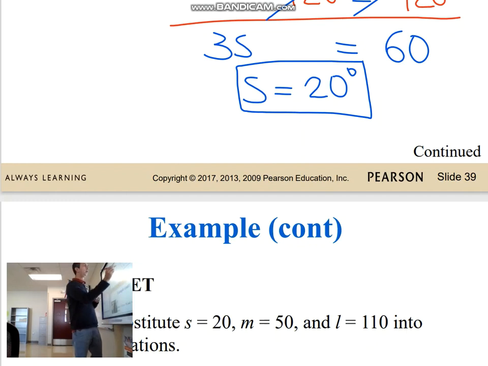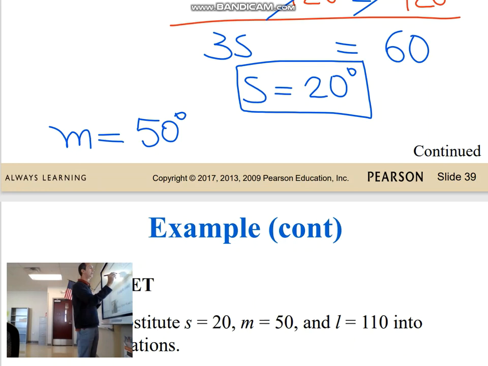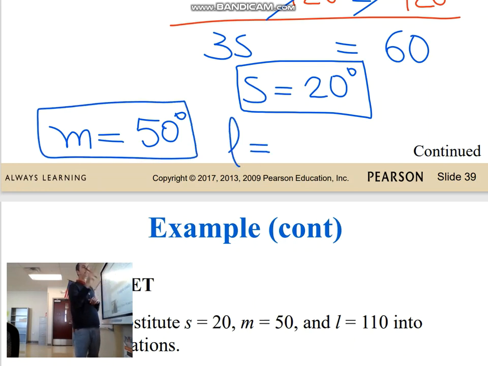If S is 20, now I can find M, because remember M is S plus 30, which is 50. And you can also find L, because L is S plus 90, which is 110 degrees.